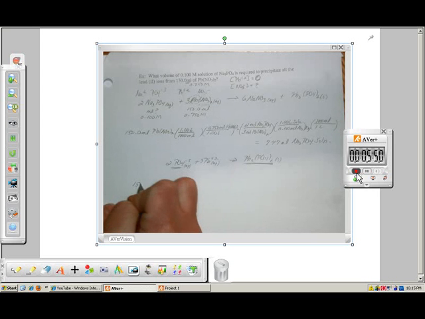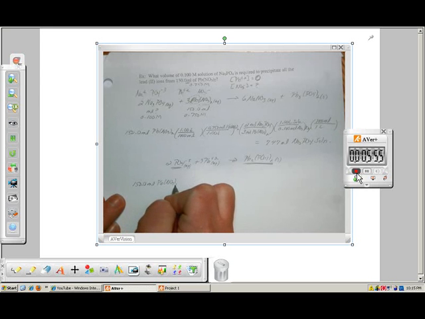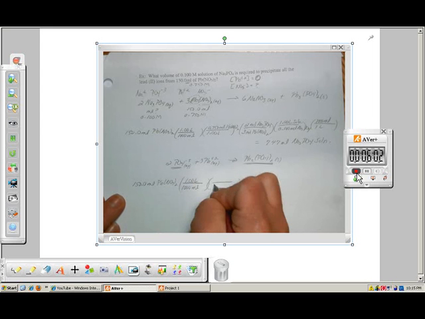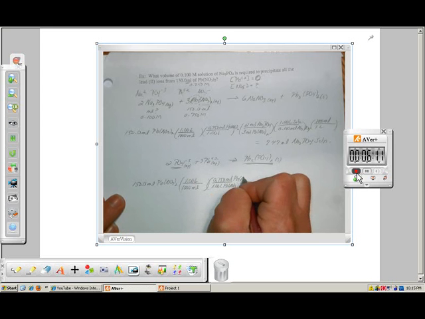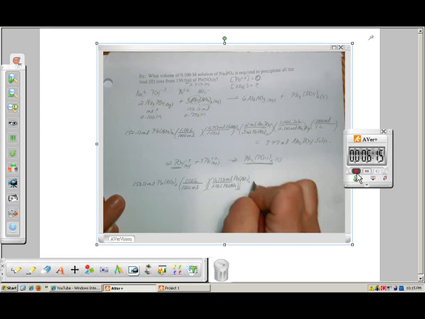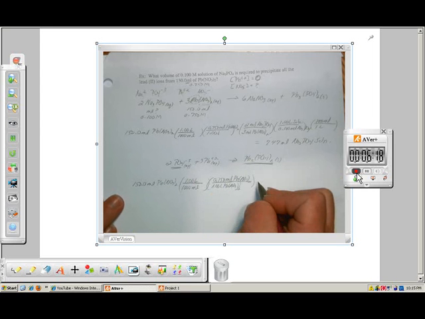So if we take the 150 milliliters of Pb(NO3)2 as our given, get ourselves to liters so that we can utilize molarity, for every 1 liter of the Pb(NO3)2, the concentration is 0.750 moles of Pb(NO3)2. But I am trying to find the concentration of the nitrate ion that remains.